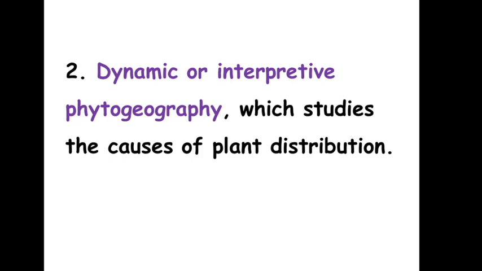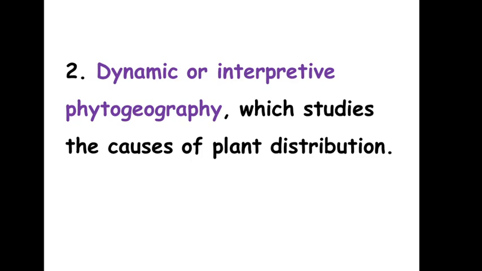What actually happened is that each and every plant species originated in a particular area of the world, and from that area they migrate to other places. That is called plant migration.